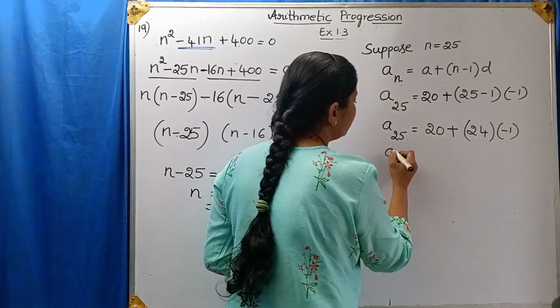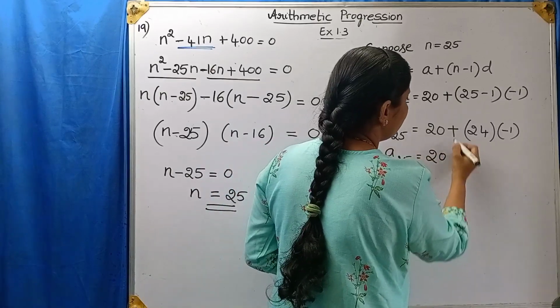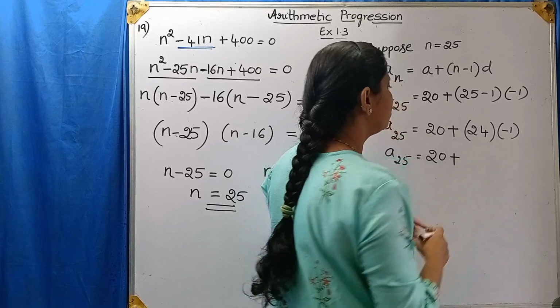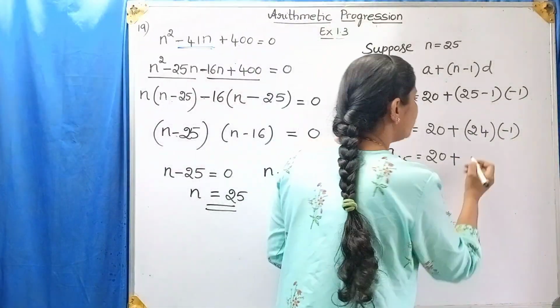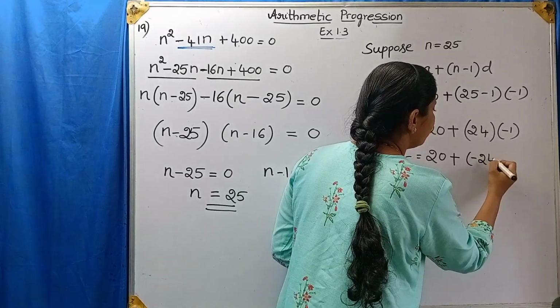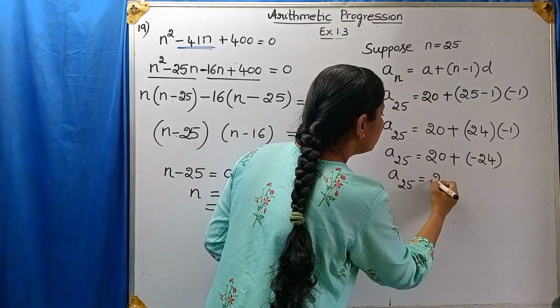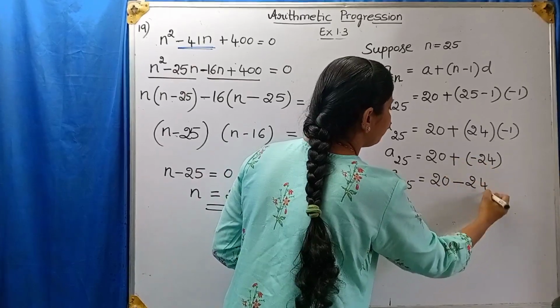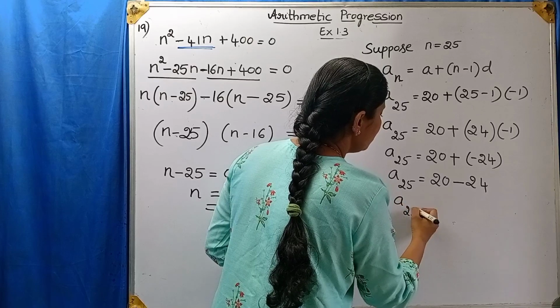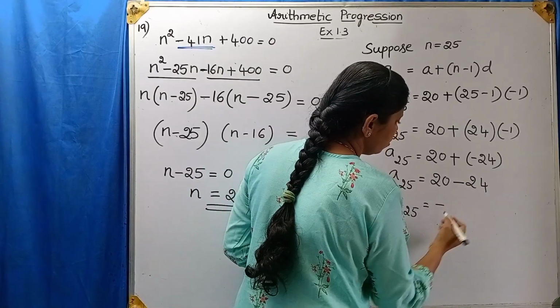Okay? a25 is equal to 20. For this plus, let me write plus 24 into minus 1 is what? Minus 24. Right? a25 is equal to 20 plus into minus is minus 24. a25 is equal to plus 20 minus 24 is what?